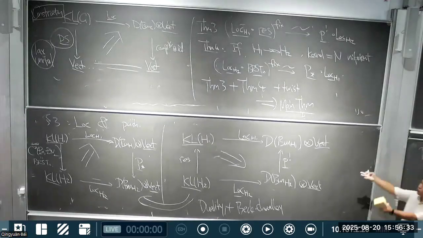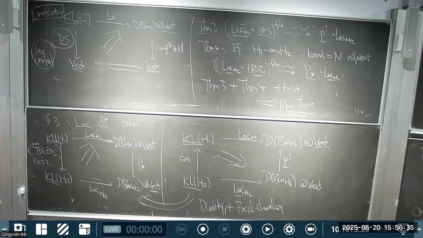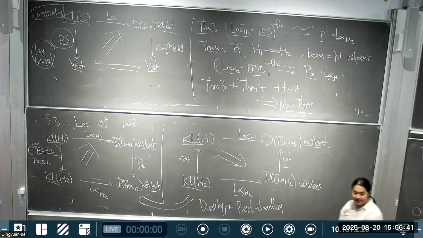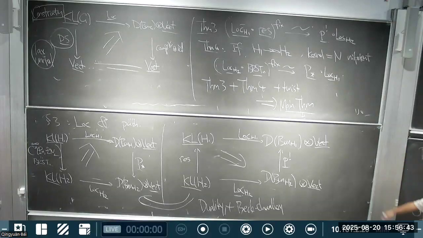And we know how to compare localization with pull, and we also know how to compare localization with push. So you can just combine two diagrams together, and using the fact that this fixed functor is compatible with this compilation in a good way, obtain the main theorem. So this is something purely formal. Do people believe that?